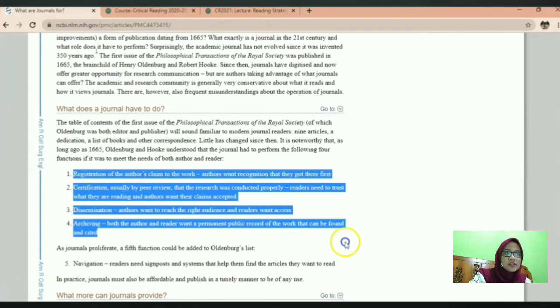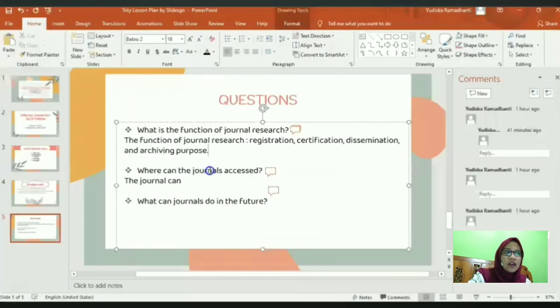The third one is dissemination. Authors want to reach the right audience and readers want access. And the last one is archiving. Both the author and the reader want a permanent public record of the work that can be found and cited. So after I got my answer from the first key heading, I can make a conclusion for the answer.